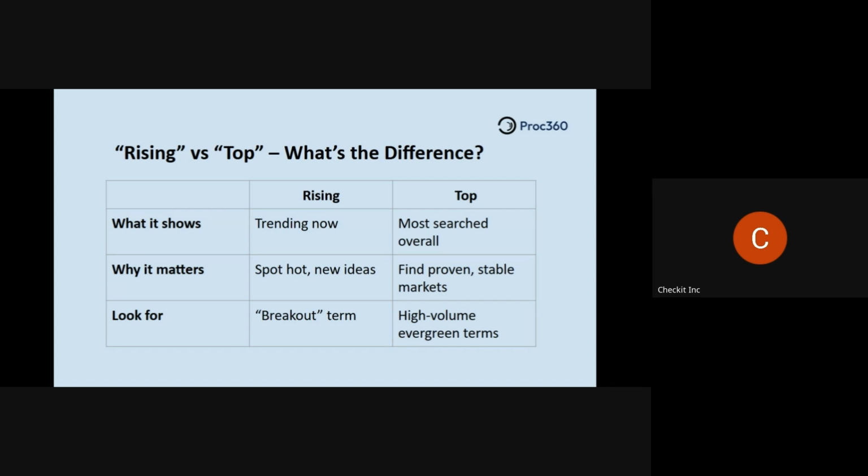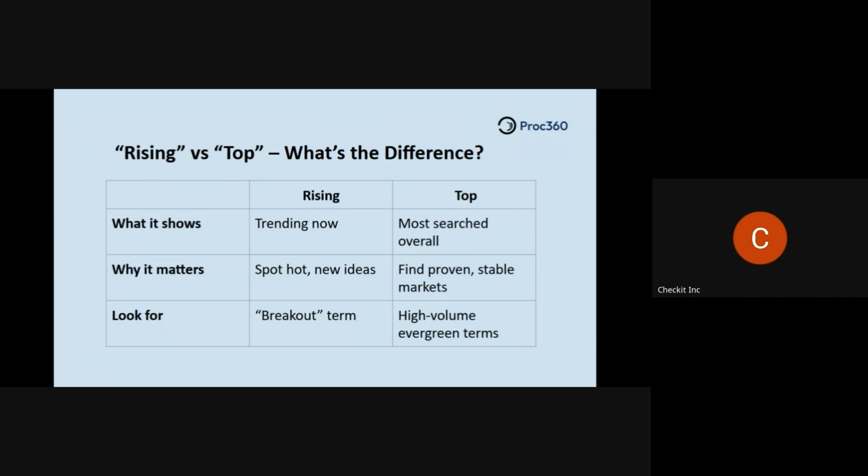It's no longer moving. So then you are to look out for breakout terms. What breakout means, that market has actually grown to over 5,000 percentage, right? It has increased over 5,000 percentage. Then for the top, you should be looking at high volume evergreen terms, high volume in terms of percentage, how much people are searching, the stability really of what this is about.